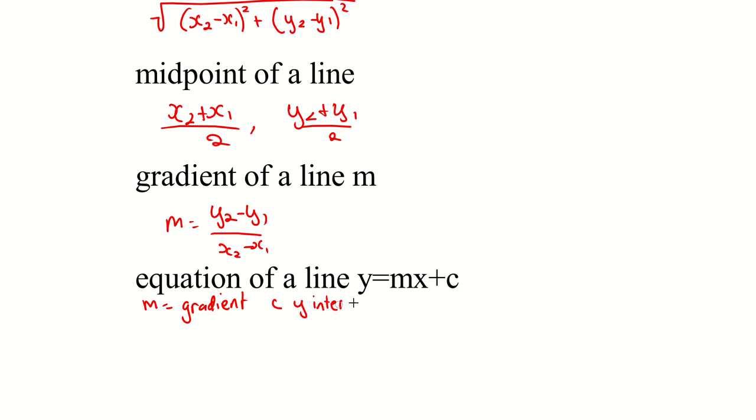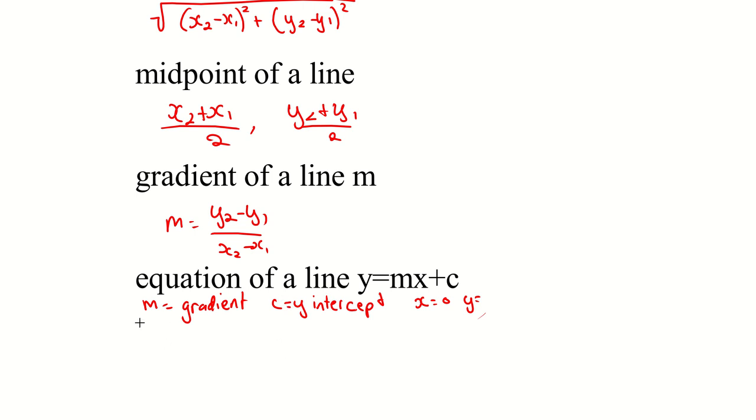What does that mean? Intercept, which means that x is equal to 0 and y is equal to some coordinate. Whatever that coordinate is would be your y-intercept, what c is equal to.